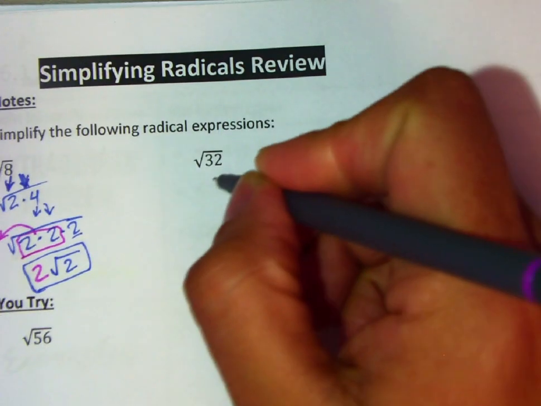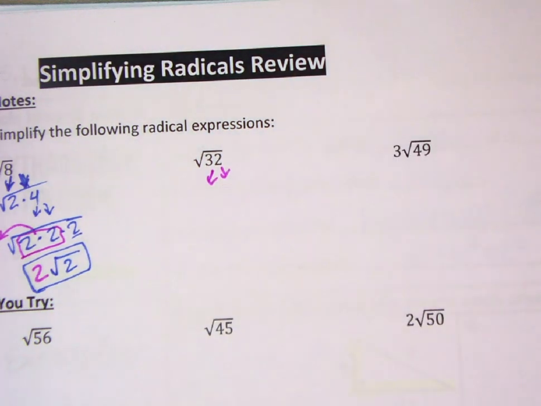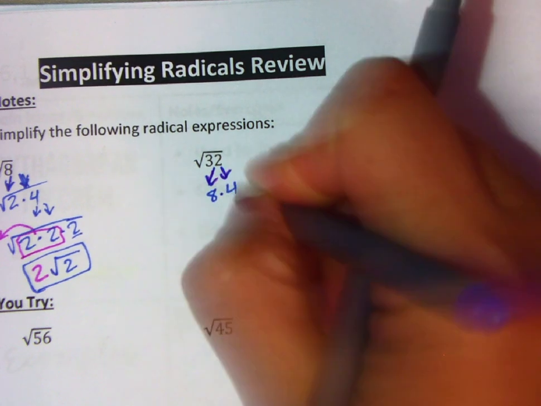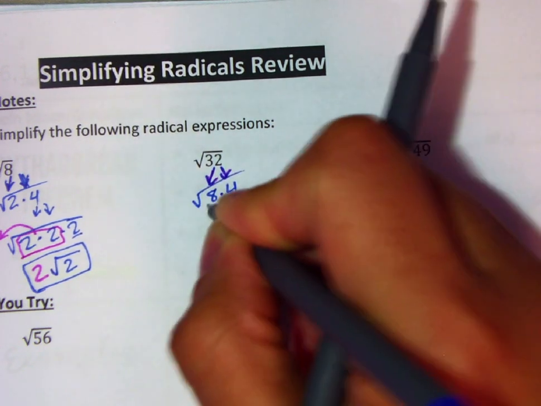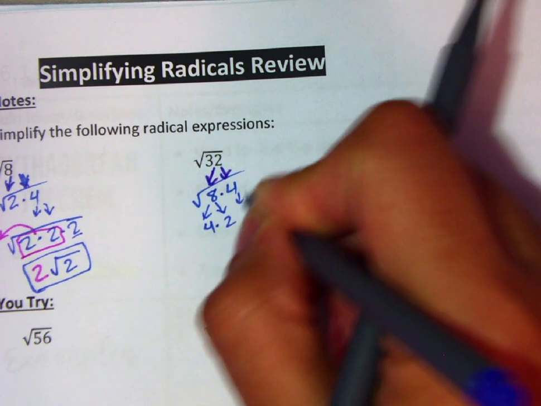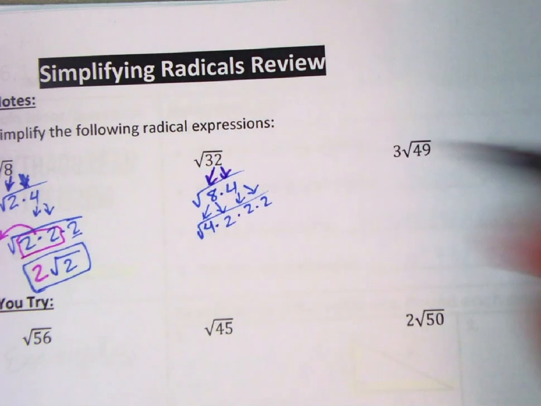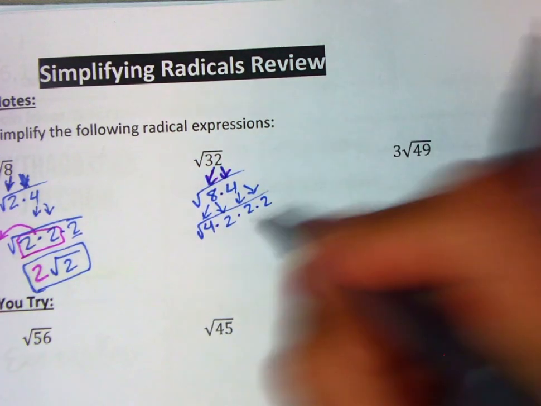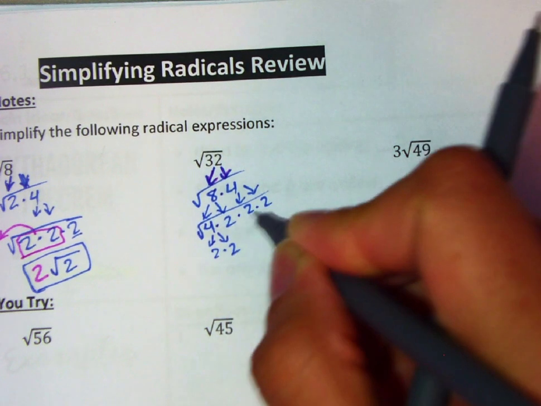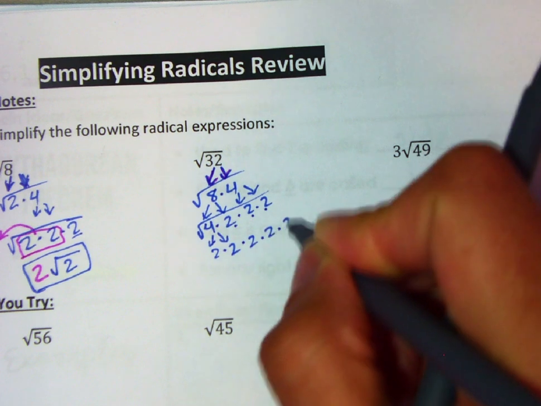Okay, so square root of 32, we're going to break down into, I'll just use the same colors. So this becomes 8 times 4, and then the 8 breaks down to 4 times 2, and the 4 becomes 2 times 2. So now we have this radical, and then the 4 can still be broken down even more, so 2 times 2, and we already had those 2's, so a total of 5.